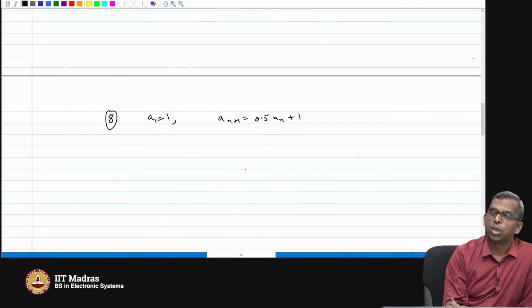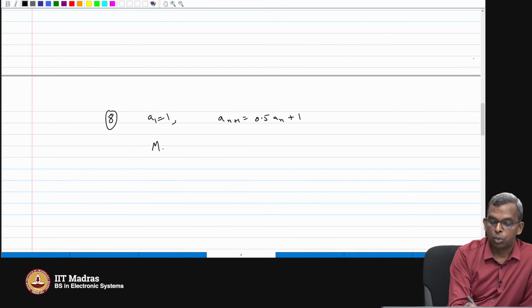So what do I want to argue? Let's say I want to argue monotonicity. Okay, so how do you prove monotonicity? So okay, first thing is compute a few values. Okay, so what is a_2? a_2 is going to work out as 1.5. What is a_3? a_3 is going to work out as 0.75 plus 1, 1.75, and so on.